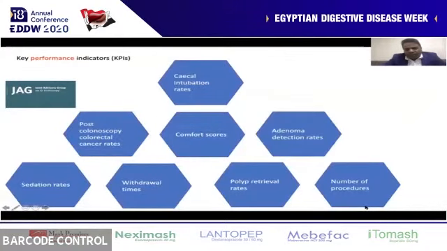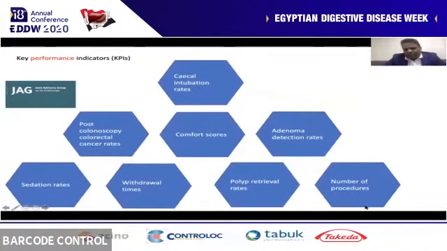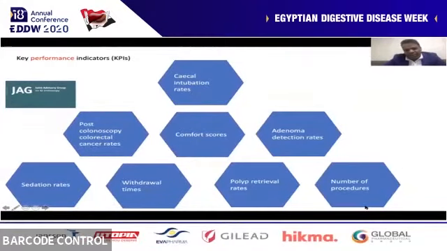So before you know how you can improve your performance in colonoscopy, you need to know what the key performance indicators are, what we call KPIs. The JAG, the Joint Advisory Group on GI Endoscopy, has brought in several KPIs over the years of its existence to improve the quality in colonoscopy.